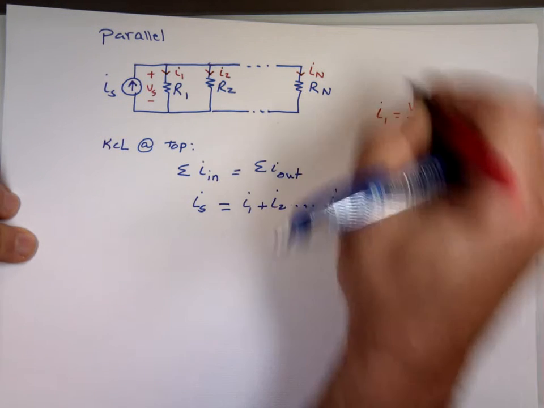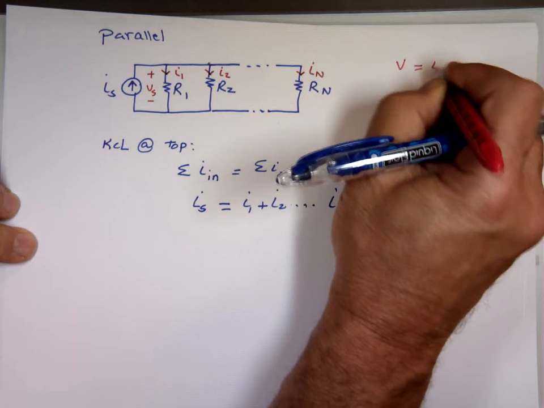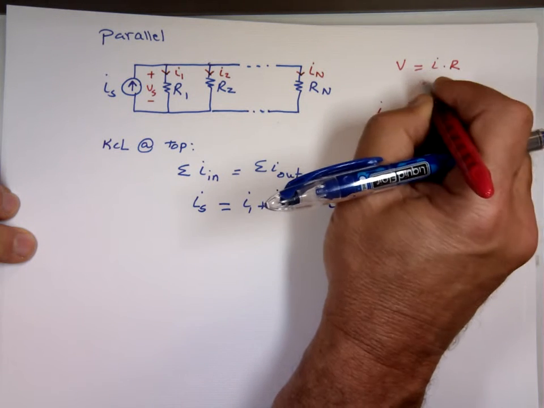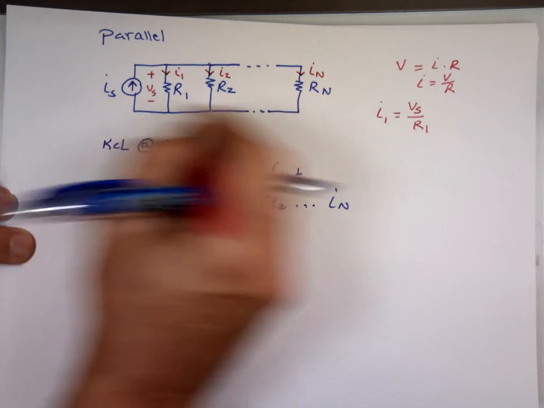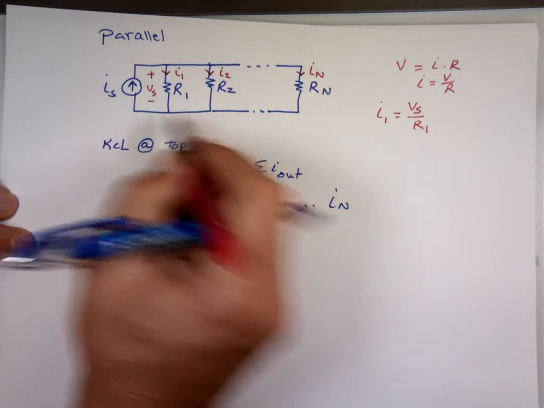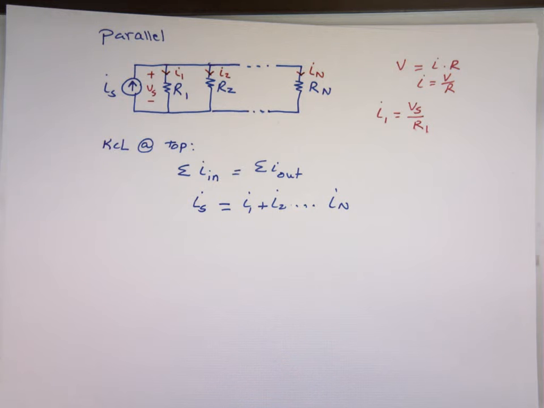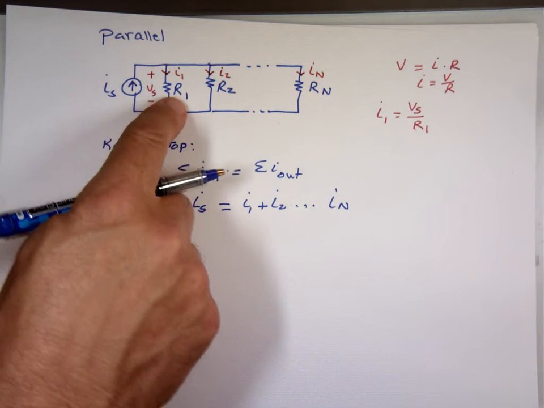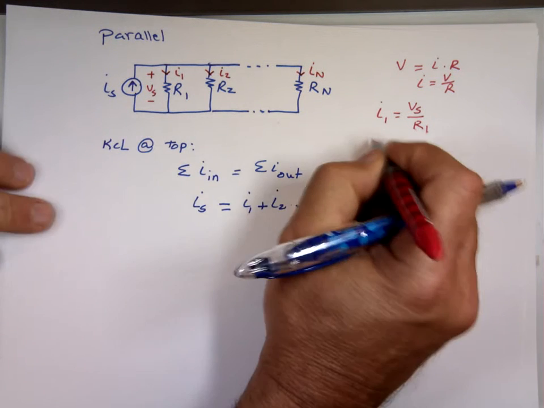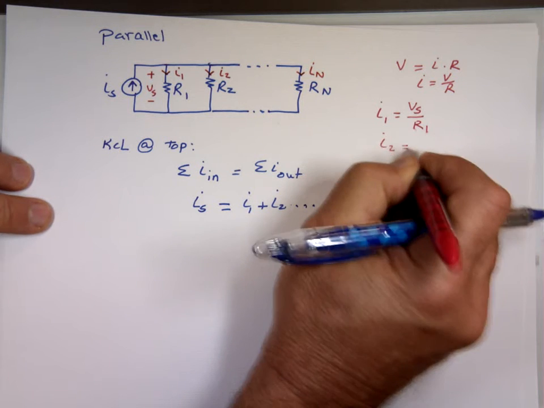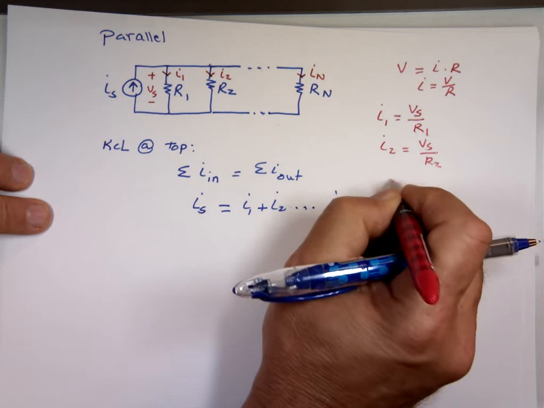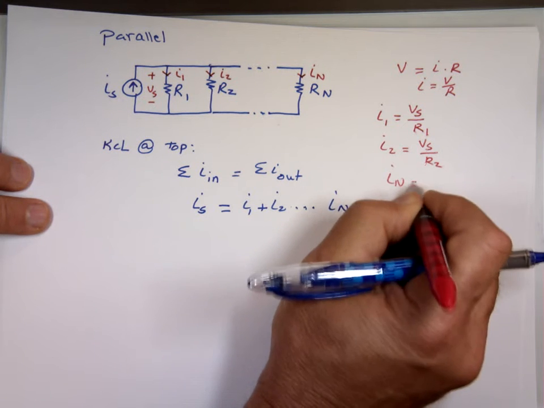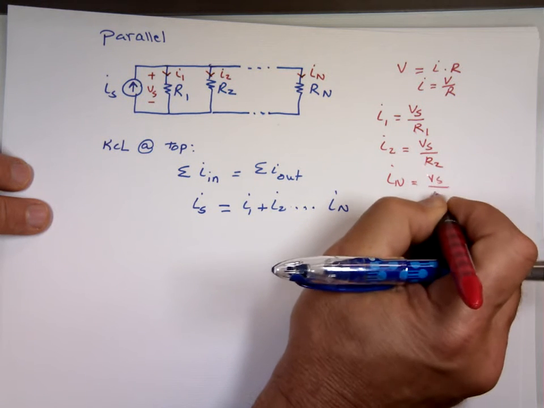Again, this is coming from V equals I times R, Ohm's law, which means I equals V over R. Now these are connected in parallel, which means they have the same voltage. The voltage is Vs. So this current is Vs over R sub 1. I sub 2 is what? Vs over R sub 2. And I sub n is going to be what? Vs over R sub n.